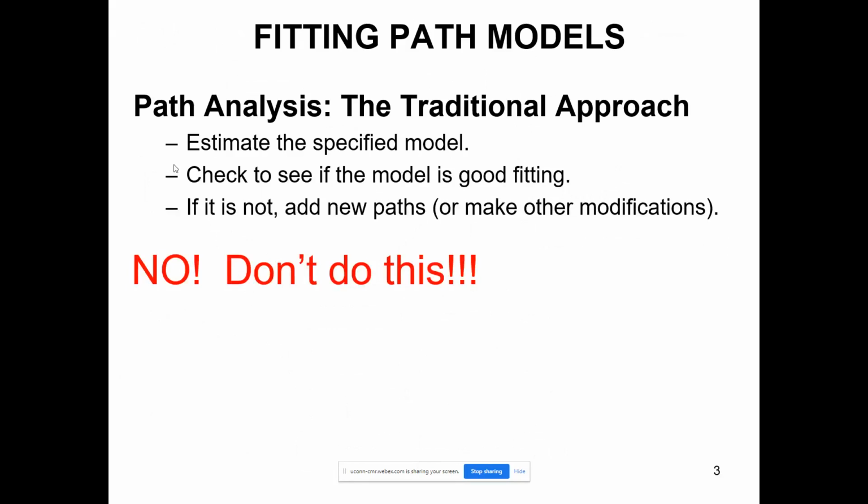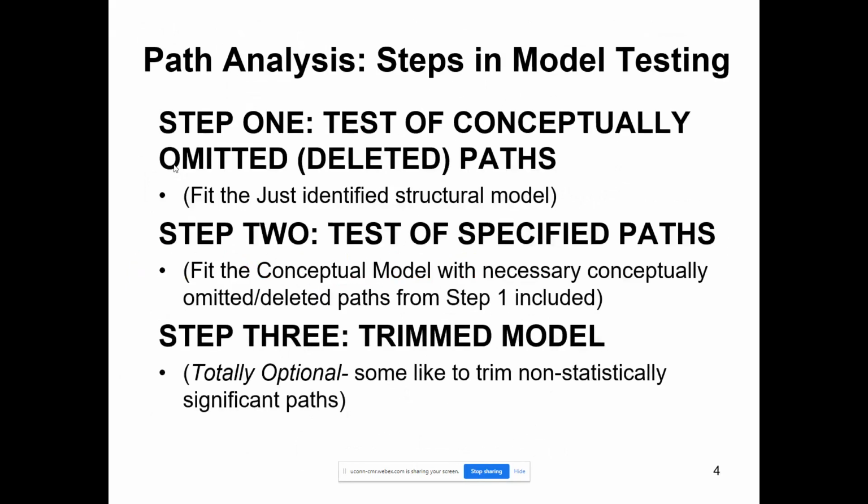Okay? And why are we going to do that? Well, this is sort of the logic. We're going to fit the just identified model with an interest in looking at those conceptually omitted paths. And then in this first run, we're actually only going to look at the paths we thought we didn't need.